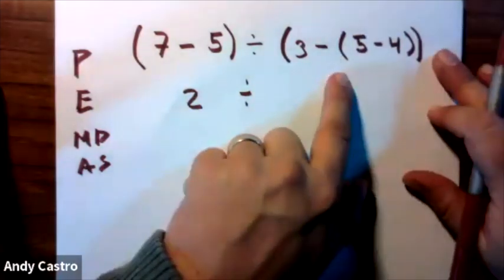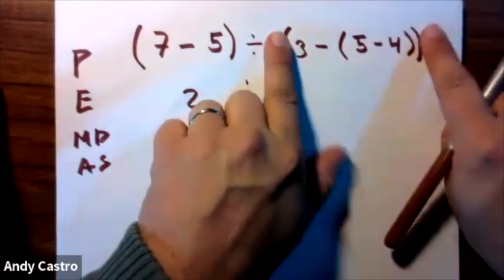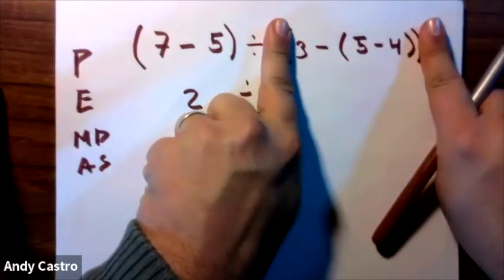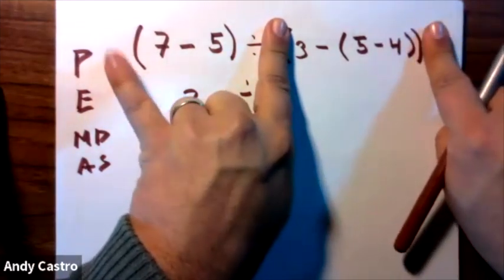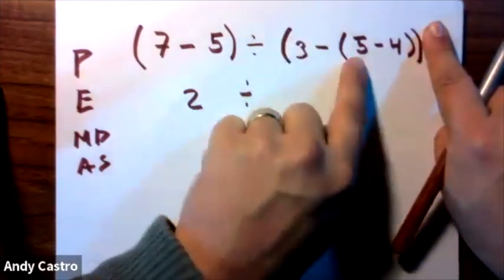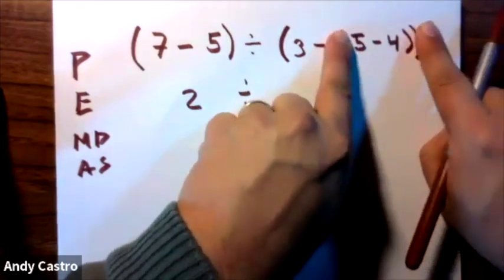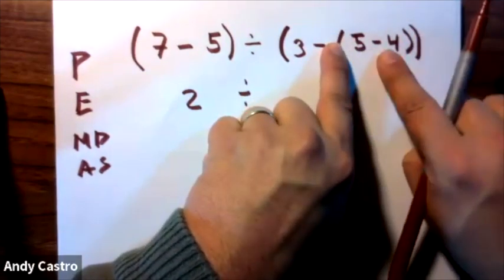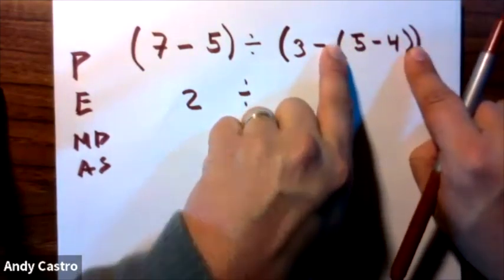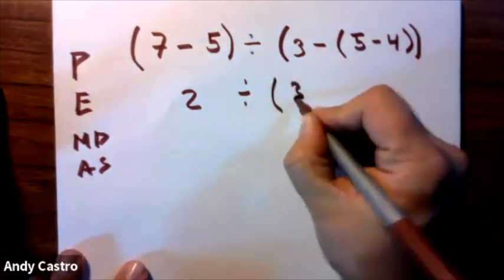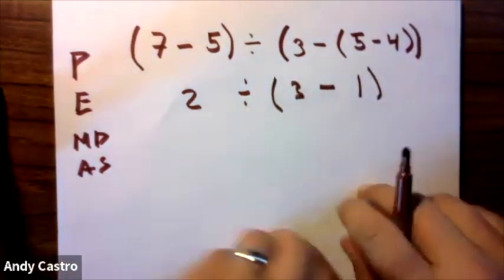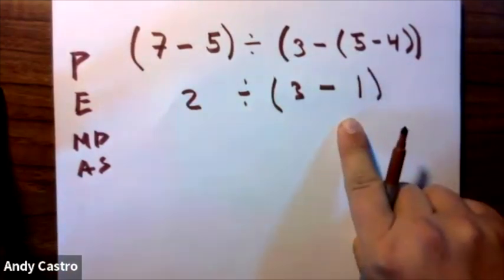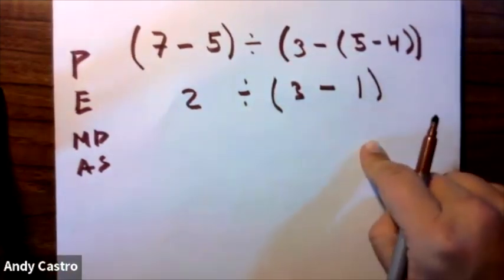Okay, so what I need to do here is I'm starting all over. So 3 minus 5 minus 4, let's start at the top. We're going to do parentheses first. So I'm going to go inside these parentheses now, and I see 5 minus 4, and that's 1. So I'm going to do 3 minus 1. All right, so now I've got something slightly easier.